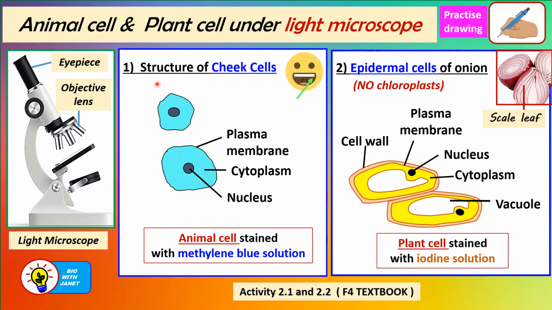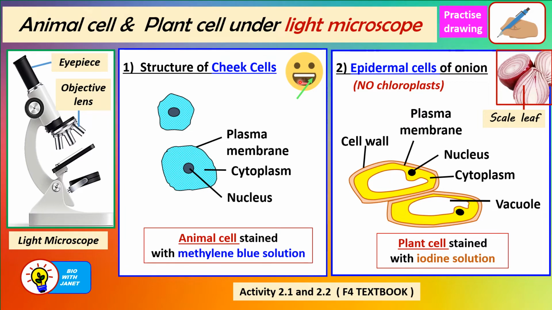Now, how do we prepare the cheek cells and what is the structure of the cheek cells? Firstly, we have to gently scrape the inside of the cheek with a blunt toothpick to get the cheek cells. And then transfer the cells on the tip of the toothpick into a drop of water on a clean glass slide. Now, actually, on the tip of the toothpick you cannot see the cells, so it looks like there's nothing.